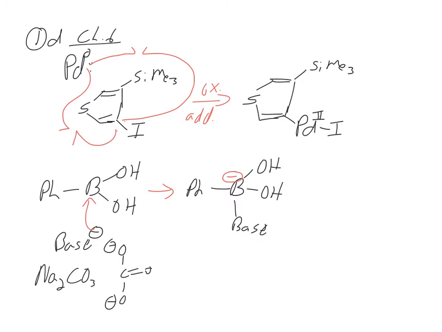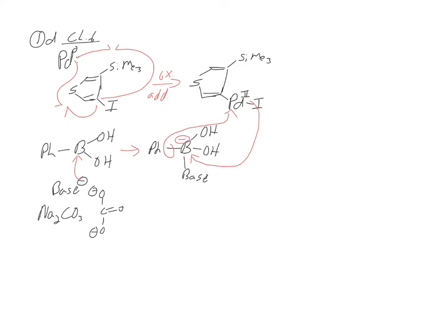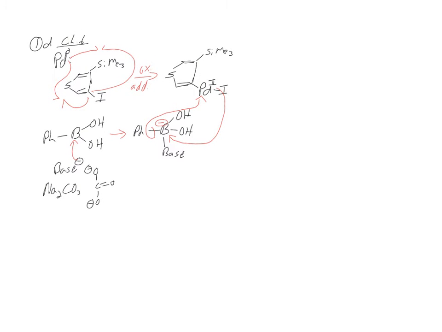What's it going to do with the palladium? Transmetallation, right? So what does that mean, right? So even though the negative charge is on the boron, the carbon of the phenyl ring is really what's electron rich, and at the same time the iodide will come back down. So that's that transmetallation.